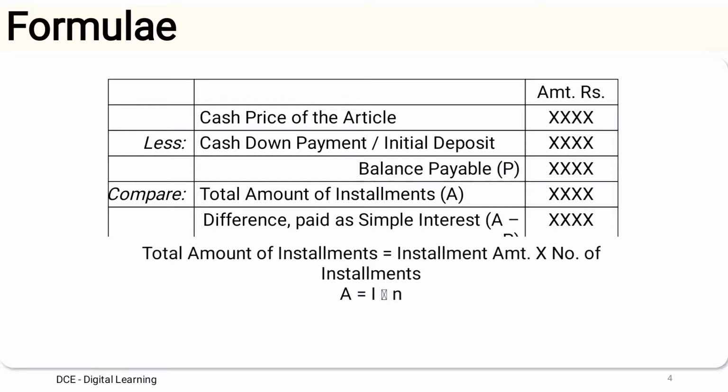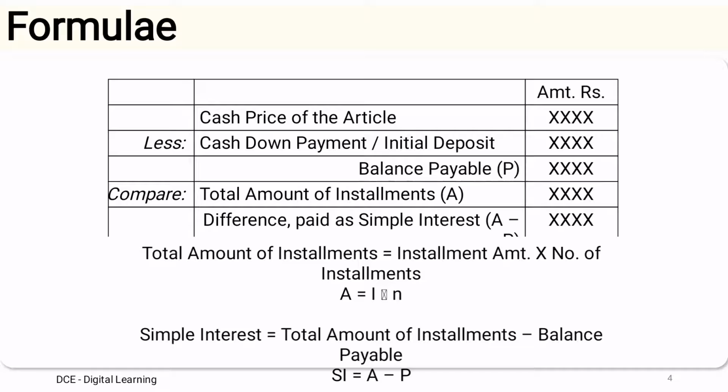The installment amount is represented by I and is multiplied with the number of installments, small n. Now simple interest equals total amount of installments minus balance payable, so A minus P.